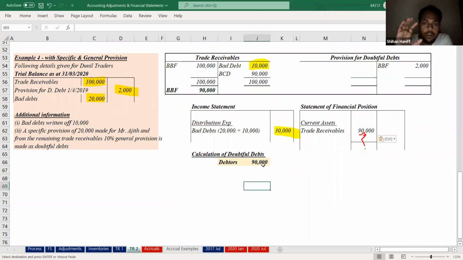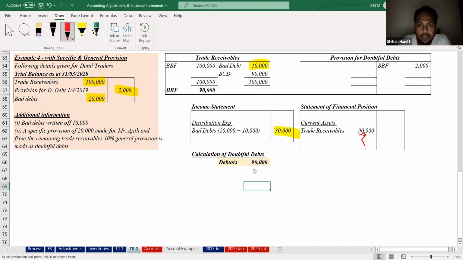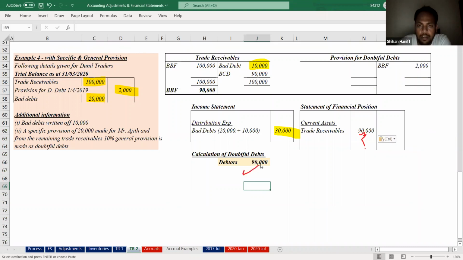Right. Now there is a total debtors balance of 90,000. Out of this 90,000, we divide into two. Specific provision is 20,000. Out of this 20,000 worth of debt, specific, he is completely doubtful, so we need to make a provision.